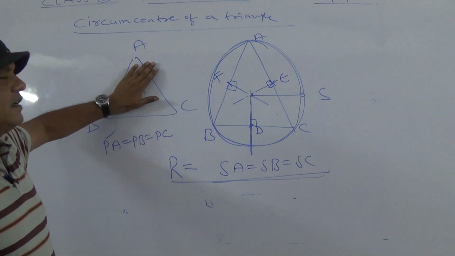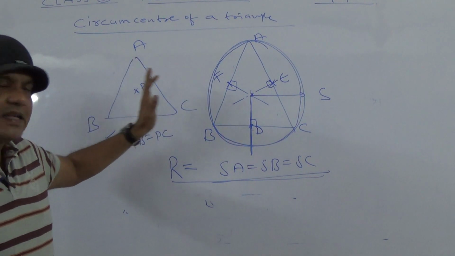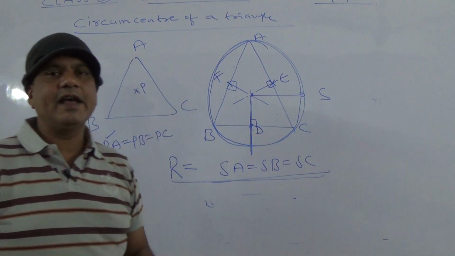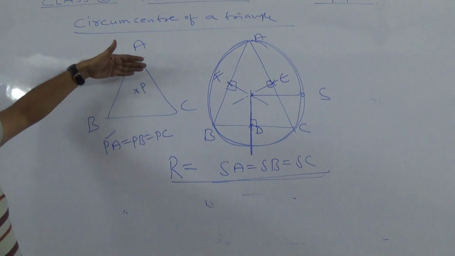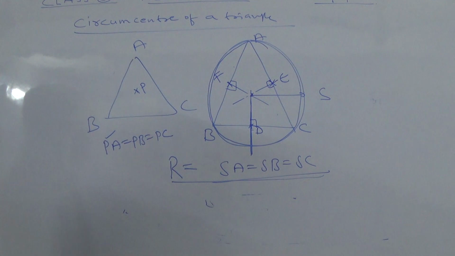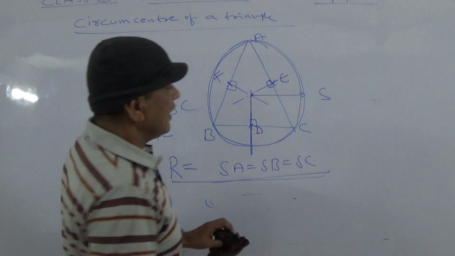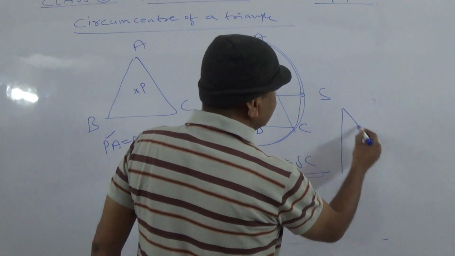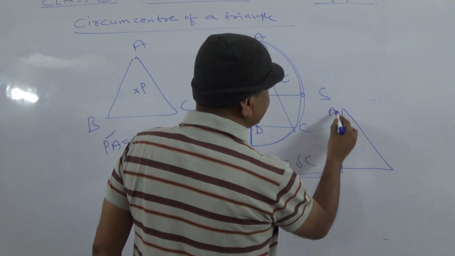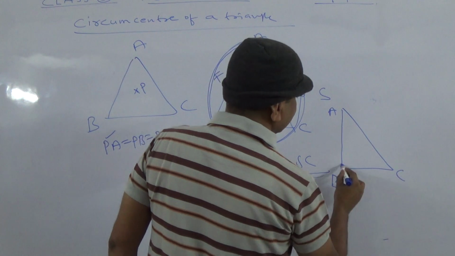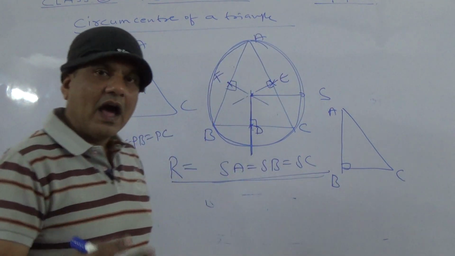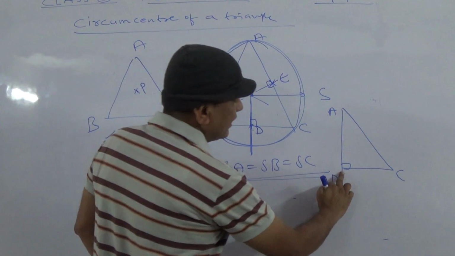If it is an acute angle triangle, then the circumcenter lies inside the triangle. If it is an obtuse angle triangle, then the circumcenter lies outside the triangle. If it is a right angle triangle ABC, the orthocenter is the vertex at the right angle.